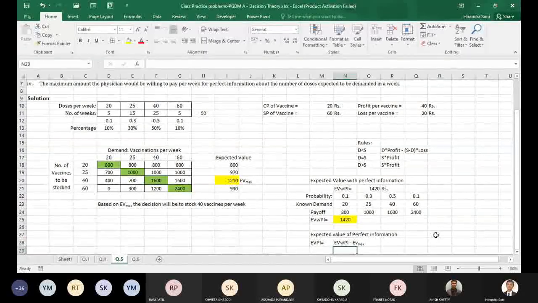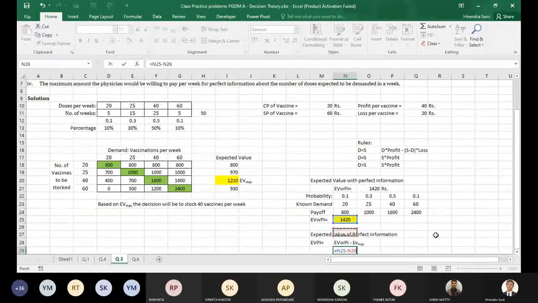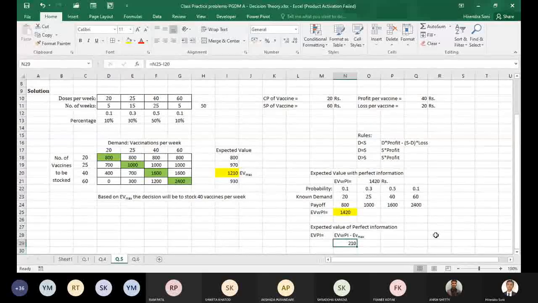So ये आपका हो जाएगा is equal to 1420 minus what had been your EV max, 1210. So that means the doctor would be willing to pay extra 210 rupees if somebody is ready to give him perfect information. उससे ज्यादा का वर्थ नहीं है.